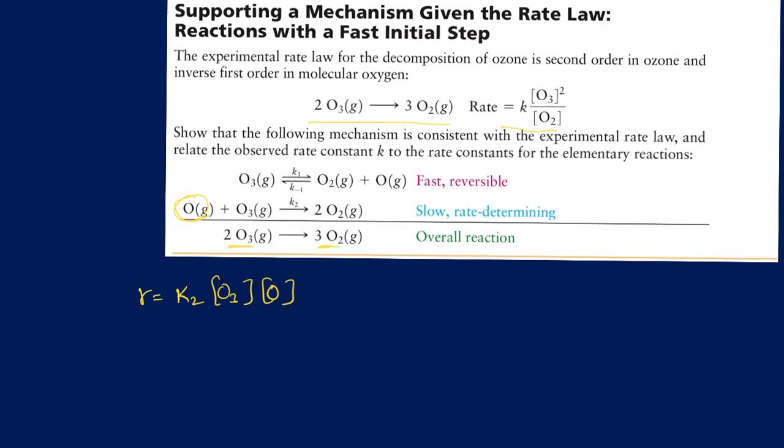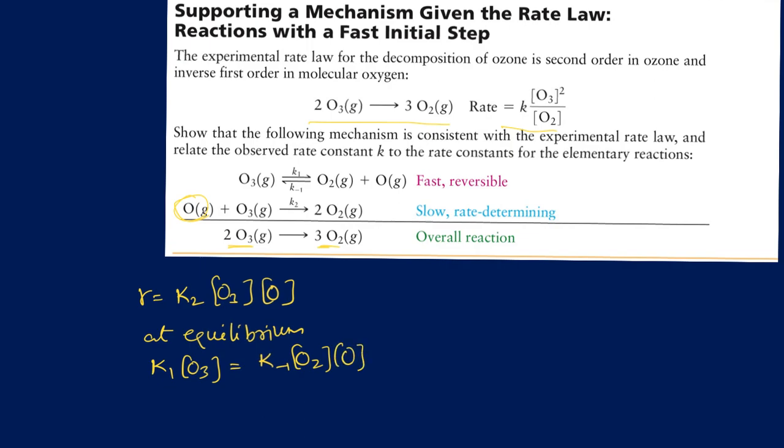So at equilibrium, I am writing directly, K1 O3 concentration is equal to K minus 1 O2 concentration, O concentration.